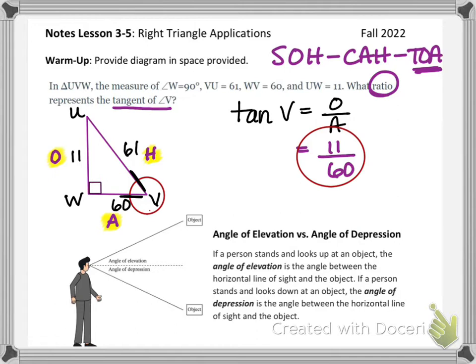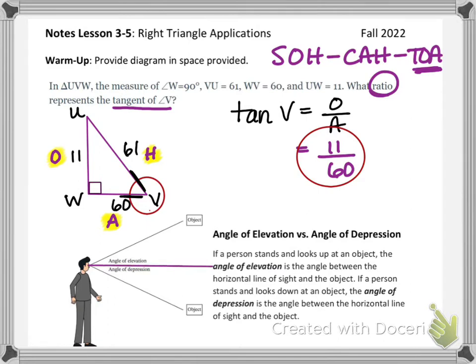So labeling is so important when it comes to these problems. You are going to have angle of elevation and angle of depression mentioned in your problems. And what I want you to understand is that angle of elevation is always going to require you to start measuring your angle from the horizontal.